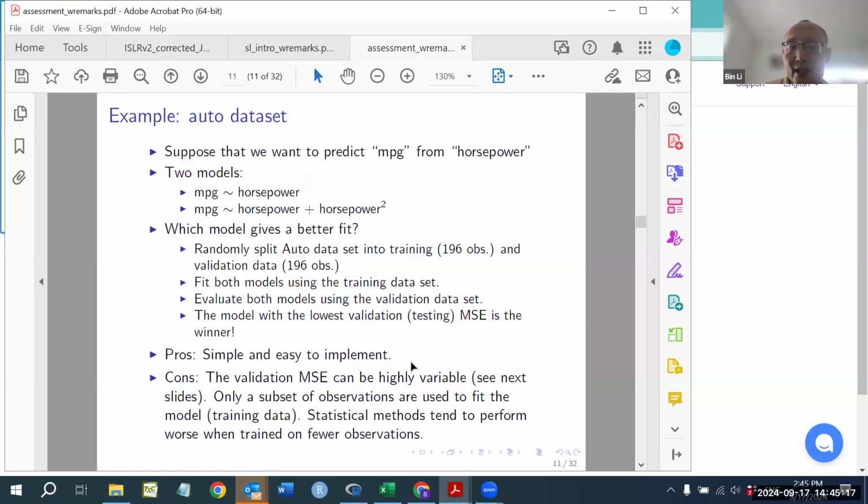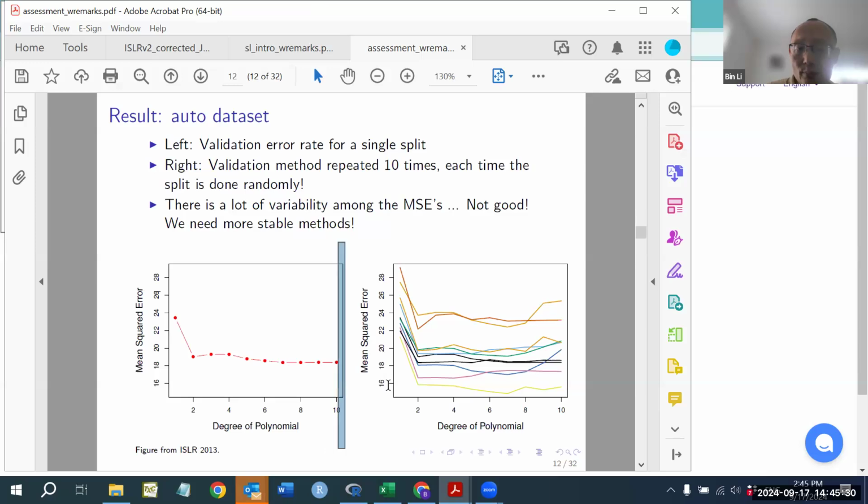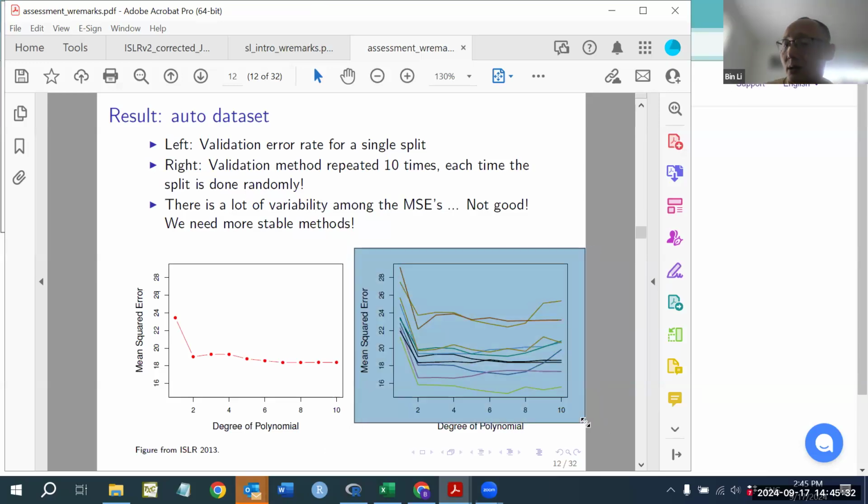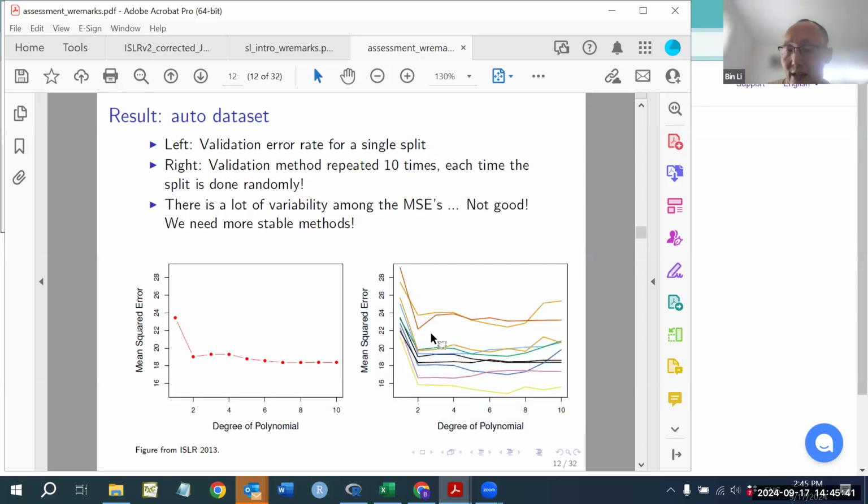Because if you randomly split the data evenly into training and validation, you can have many different splits. This one shows just one of them, but this one shows 10 of them. You can see the problem with the validation approach: it's highly variable.